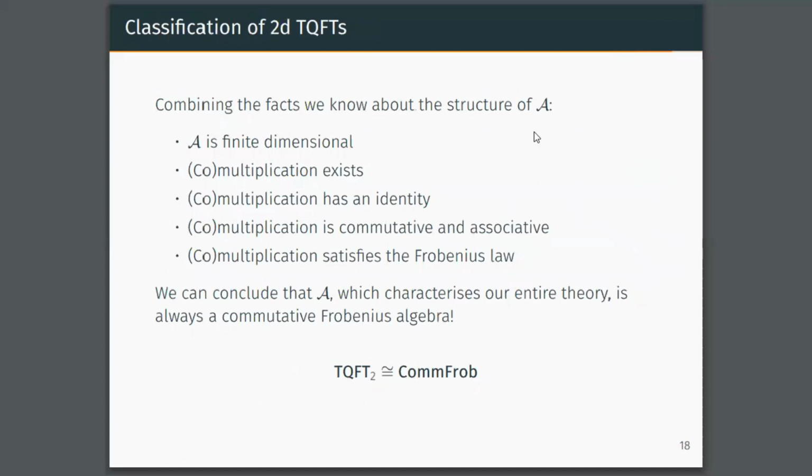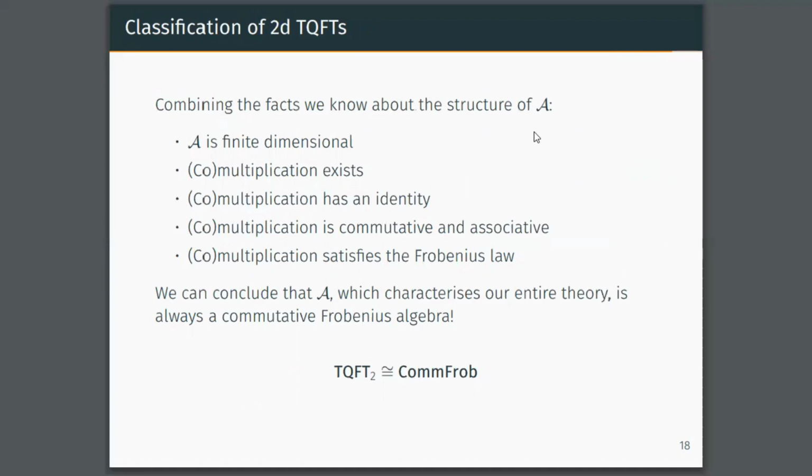Yeah, and so just looking at our previous facts, we have A being finite dimensional. We have multiplication and co-multiplication exist. We show they have an identity, they're commutative and associative, and we satisfy the Frobenius law.